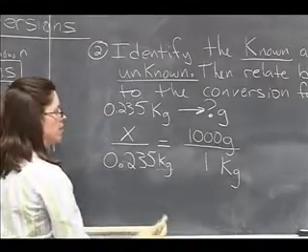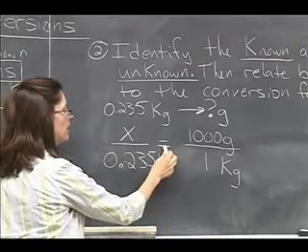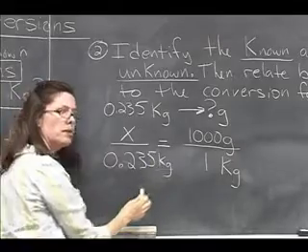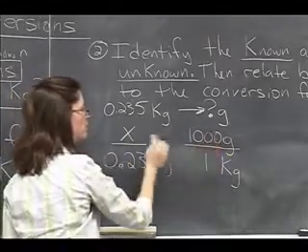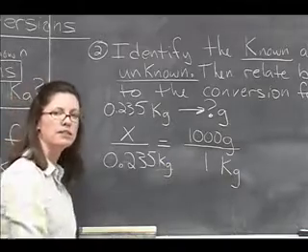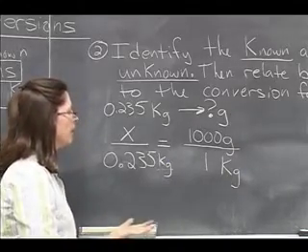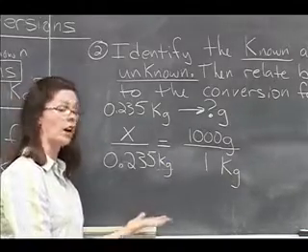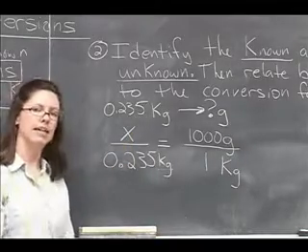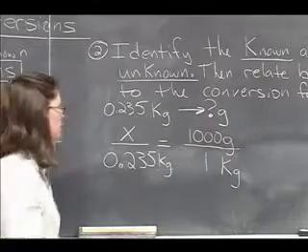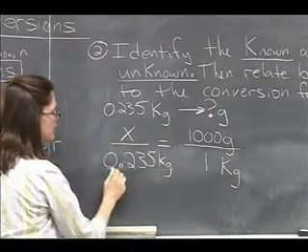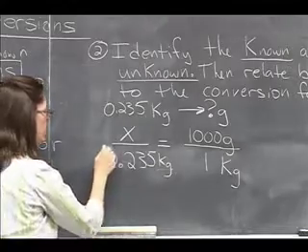Again, when you set this up as an equation, the units have to match up. Grams to grams, both in the numerator. Kilograms to kilograms, both in the denominator. Now we're ready to solve for our unknown x. To do that, we have to isolate it or get it alone. So what we need to remove is this 0.235 kilograms.